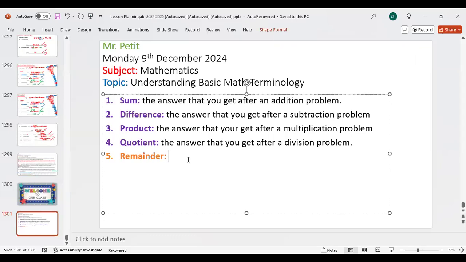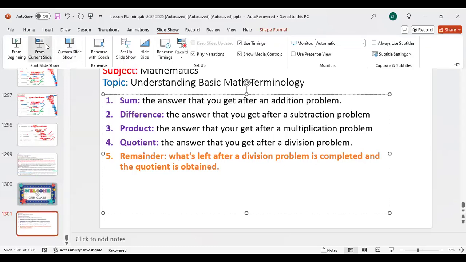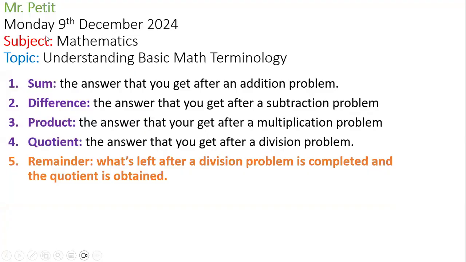So what's left after a division problem is completed and the quotient is obtained. Okay, so we have sum, difference, product, quotient, and remainder. So those are the 5 mathematical terminologies that we're going to be looking at today.